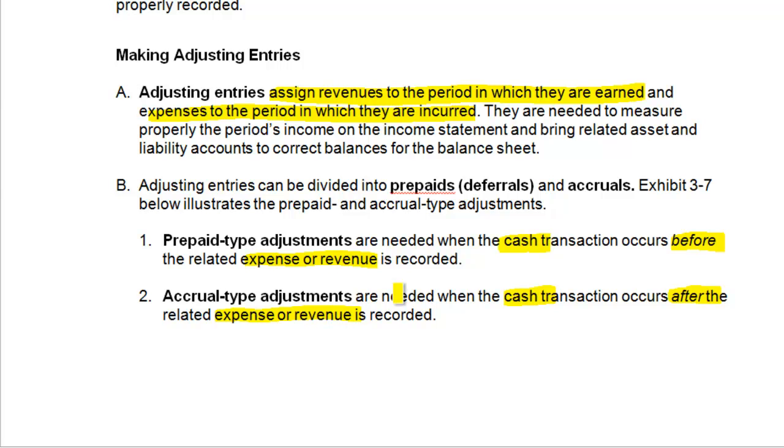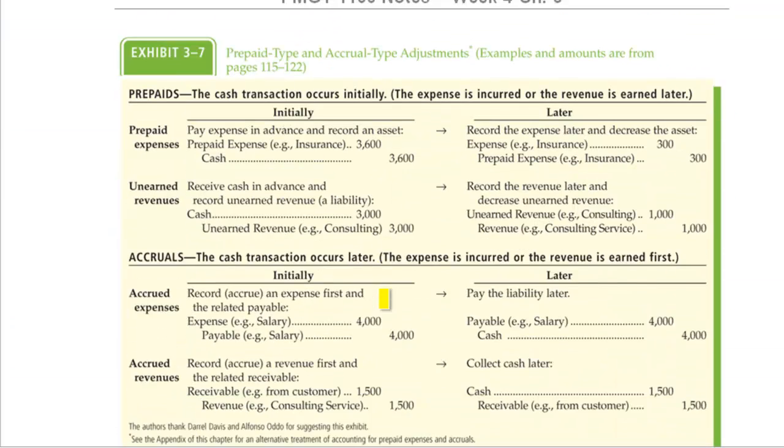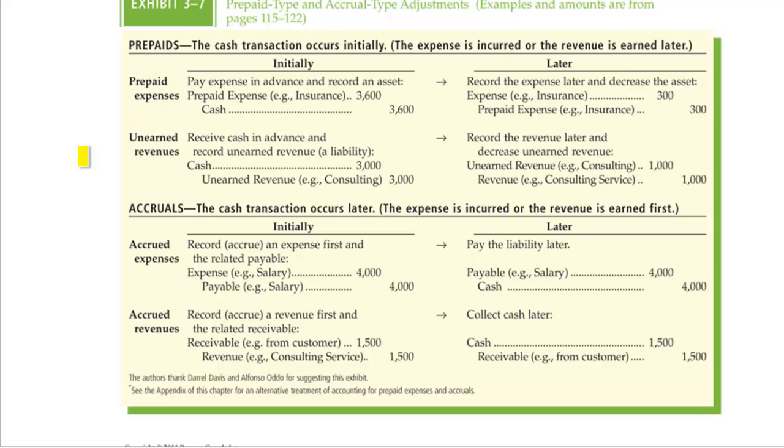And so some examples of these follow on the next page. Right? So this great big chart here, a prepaid expense. The classic one is insurance. You pay for insurance at the beginning of the year, like you pay car insurance, whatever, for the year, but you don't actually use it up until the entire year goes by, right? So every month you use up a little bit more and so on.